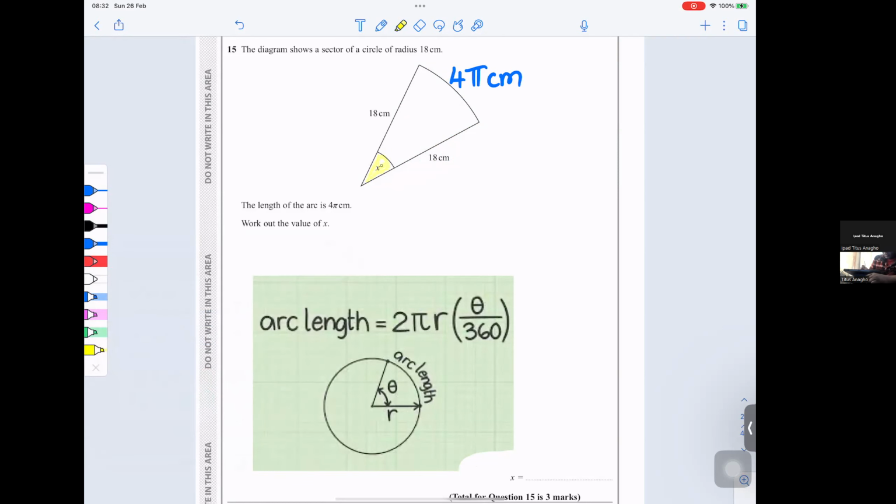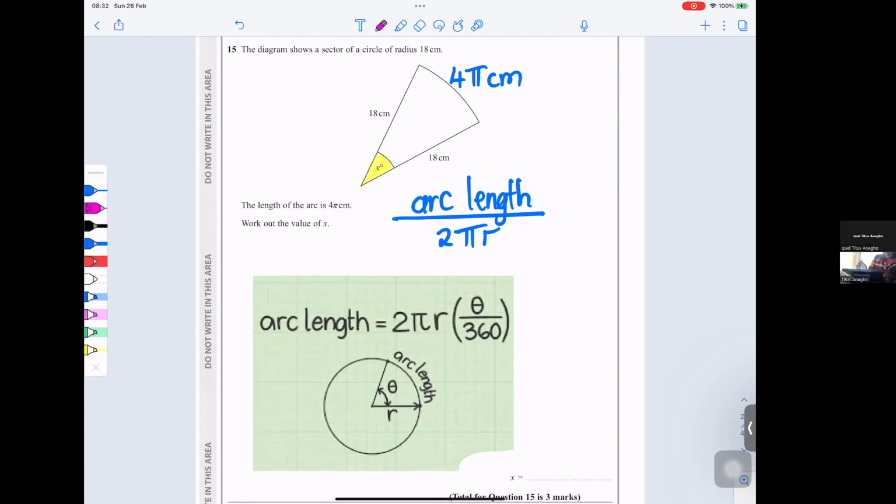So what you want to do is use this formula. The ratio of the arc length divided by the circumference. So the arc length is, I'll write it fully, arc length divided by the circumference, which is 2 pi r. So part of the circle divided by the total circle.